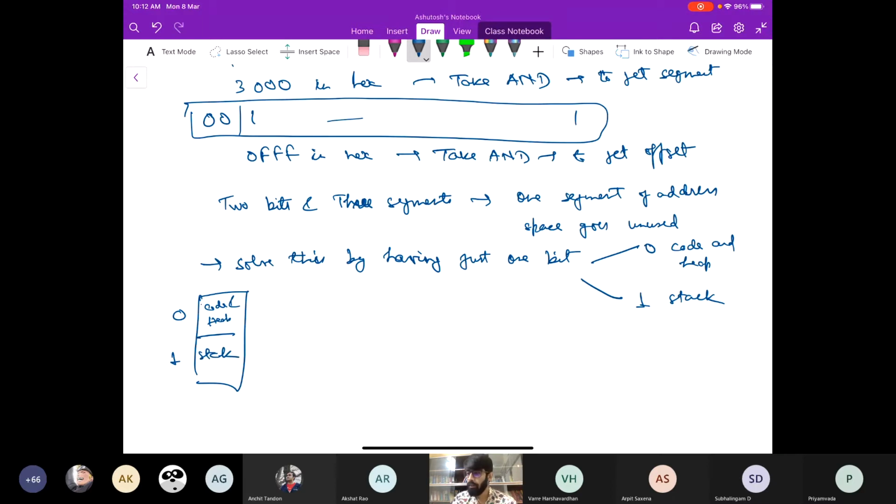And the problem is that after it gets divided, each segment will be limited to a maximum size because you're using some space now for these bits also. In our example, it was 12 bits.